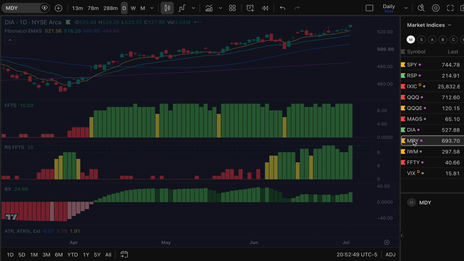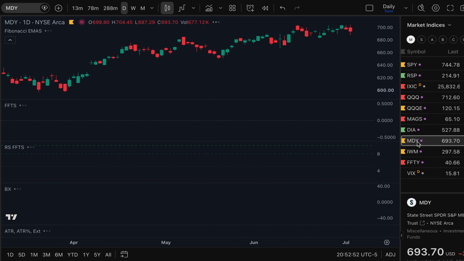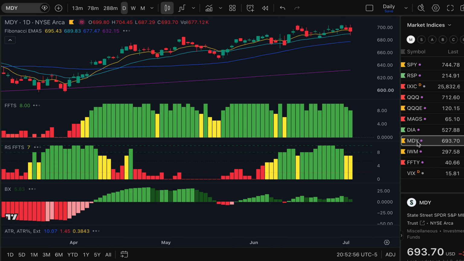The mid caps, MDY. Trend is okay, it hasn't broken down, it's 8 out of 10. Relative strength trend is a little weaker at 7 out of 10. Momentum is still green, but it's starting to fade. That's why it's colored dark green.